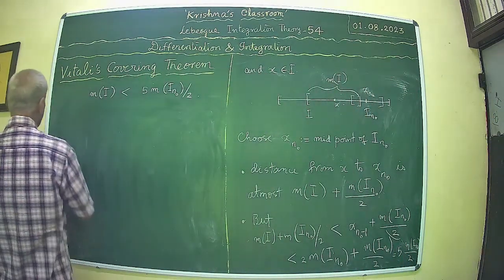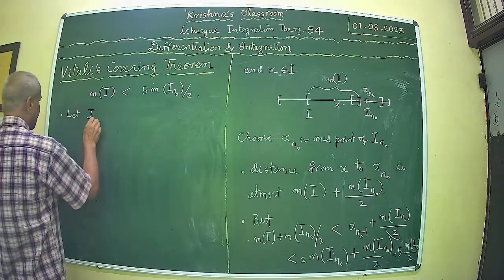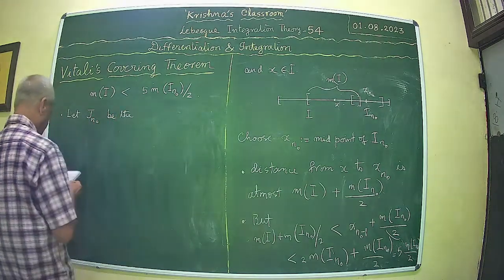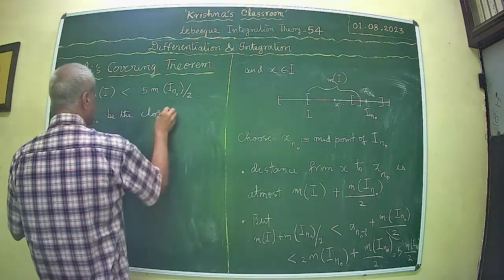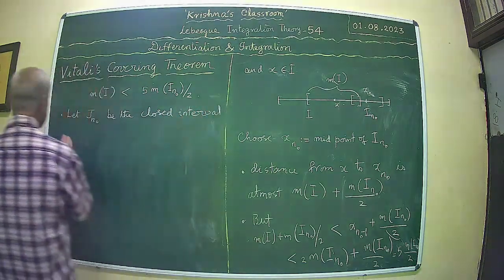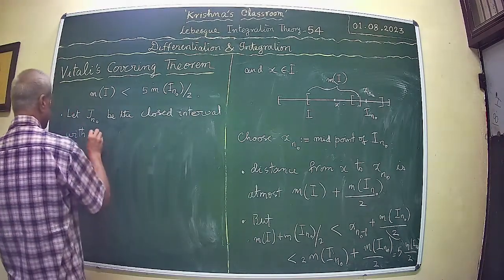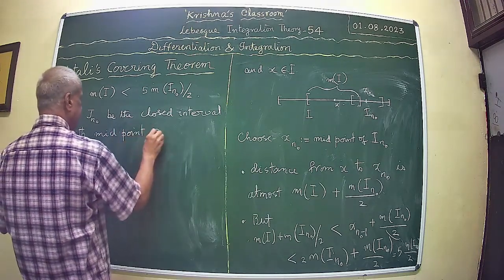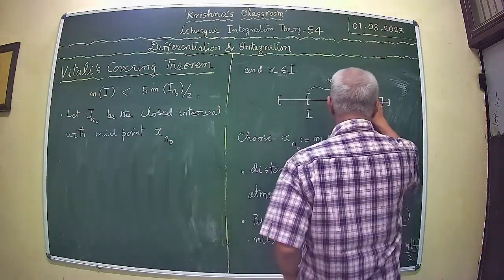Now let J n naught be the closed interval with midpoint x n naught. That means this is the midpoint of that.